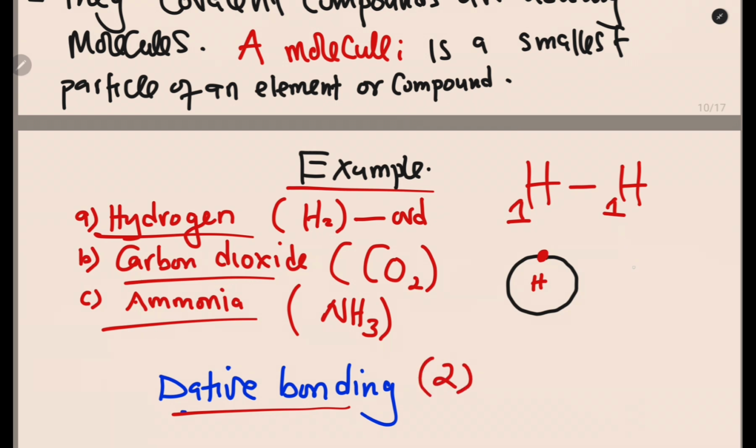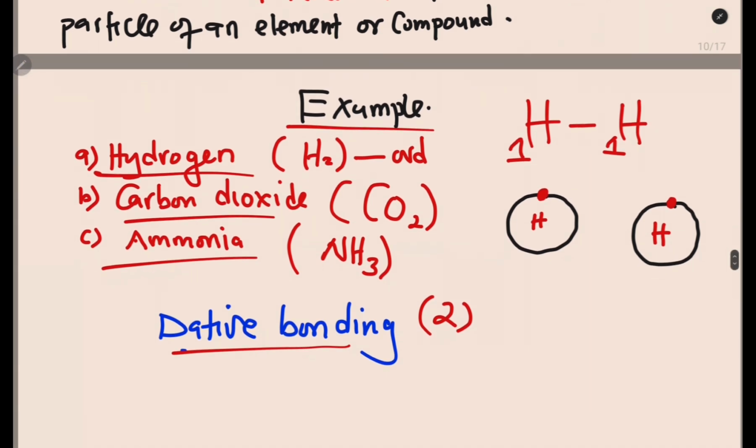So for it to be stable, it will tend to share with another hydrogen, which also has 1 electron. They say, okay guys, let us come together and share, so that we can be stable. Remember, bonding is all about making atoms stable.